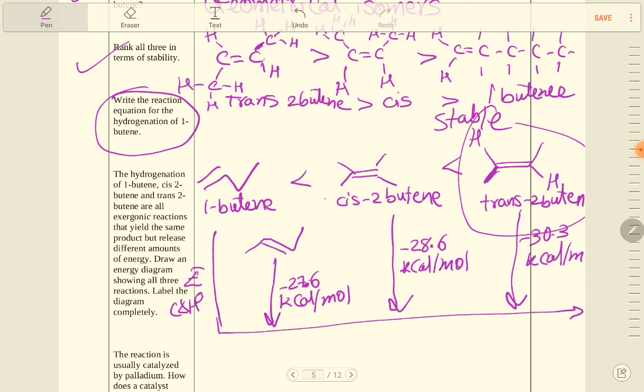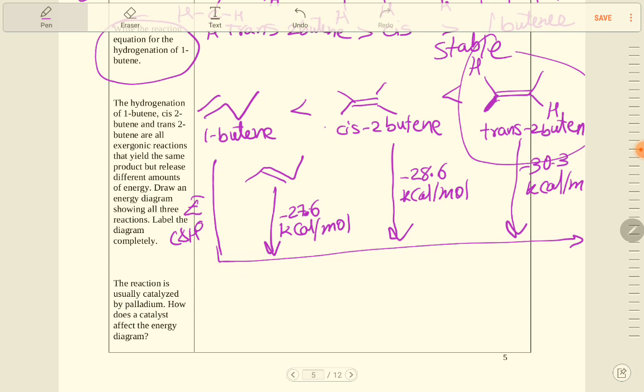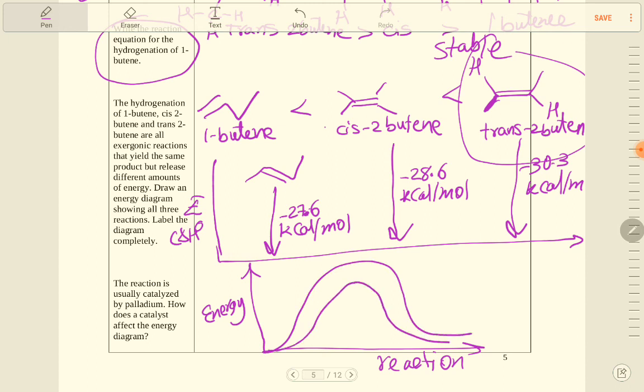So when you look at its activation energy and reaction, and when you look at the more stable one, EA1, and this is EA2, you can see the activation energy of catalyzed and uncatalyzed reaction, and it's a lower heat of hydrogenation.